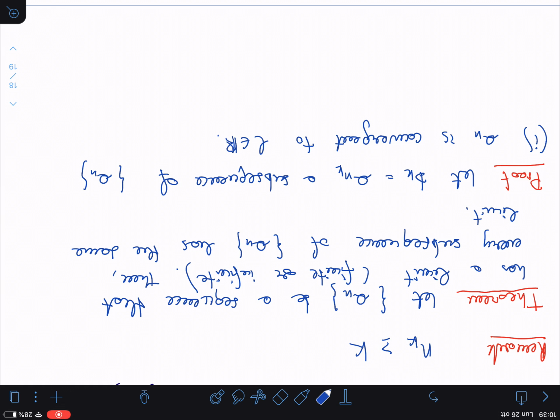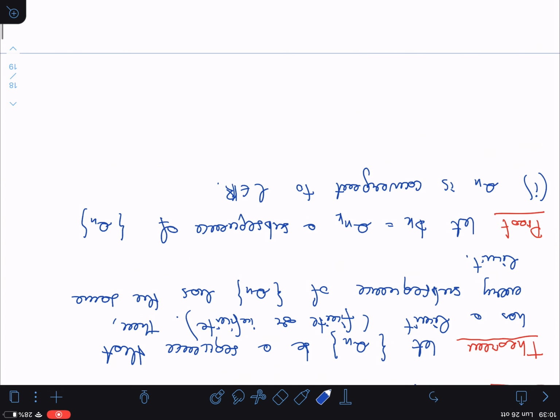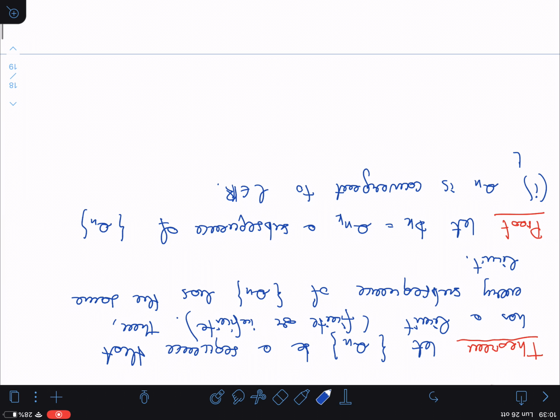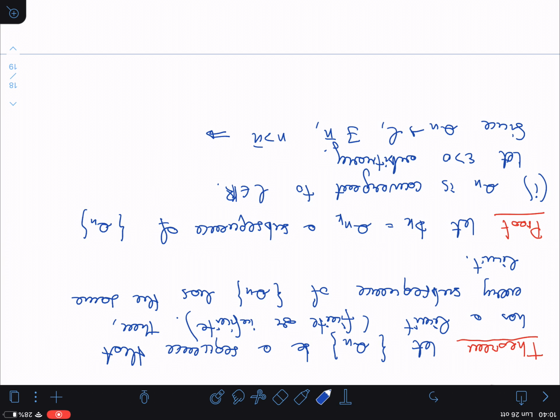We want to show that the subsequence converges to the same limit. So, as usual, when you want to show that something converges, you say let epsilon larger than 0, arbitrary. And then remember the definition of limit. Since an goes to L, there exists n bar such that whenever n is larger than n bar, the distance between an and the limit L is less than epsilon.